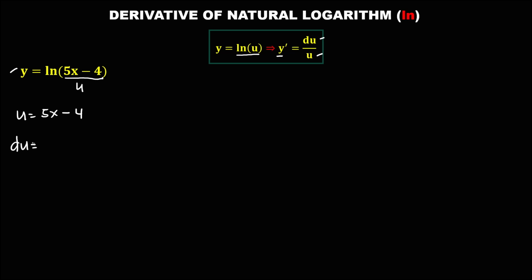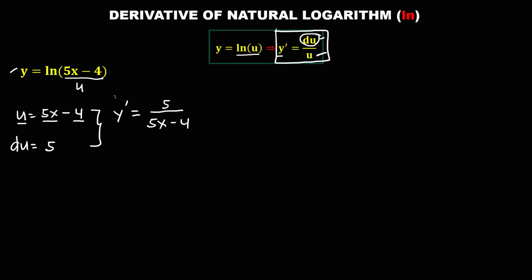Then for du, or the derivative of u, the derivative of 5x is 5, and the derivative of a constant is 0. So du is equal to 5. Then to find now the derivative, y prime equals, using this formula, du is 5, then over u, which is 5x minus 4.